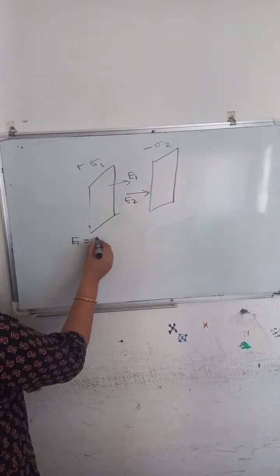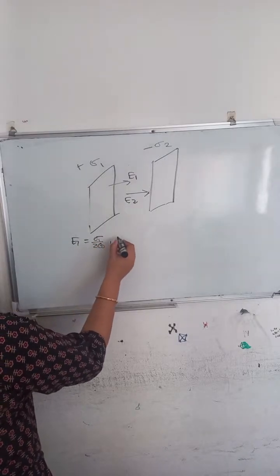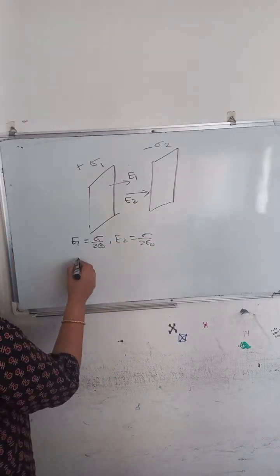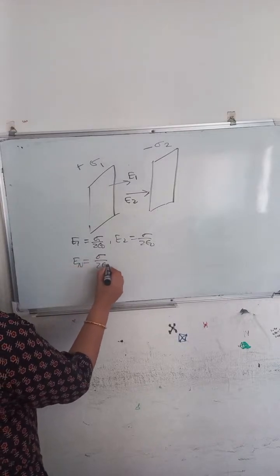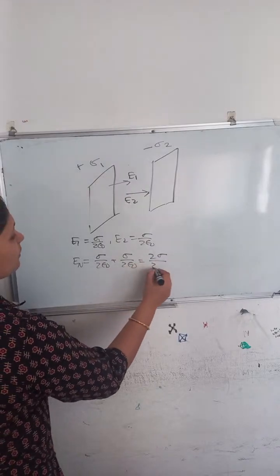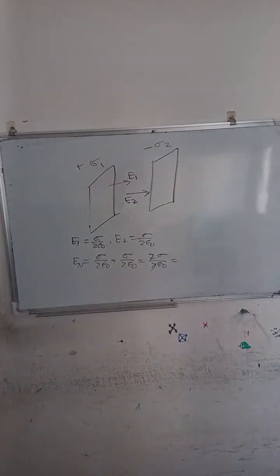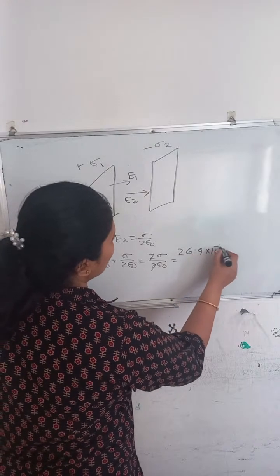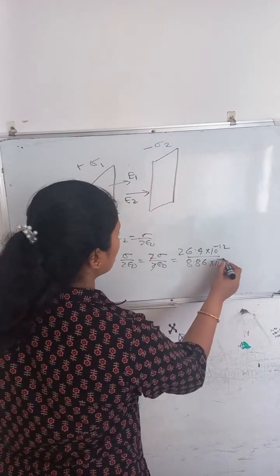E1 is nothing but sigma upon 2 epsilon naught, and E2 is also sigma upon 2 epsilon naught. So the net electric field is sigma upon 2 epsilon naught plus sigma upon 2 epsilon naught, so 2 sigma upon 2 epsilon naught; the 2 gets cancelled. Sigma is given, 26.4 into 10 raised to minus 12, and epsilon naught is 8.86 into 10 raised to minus 12.